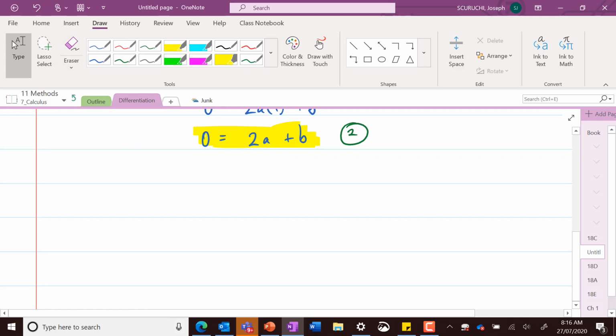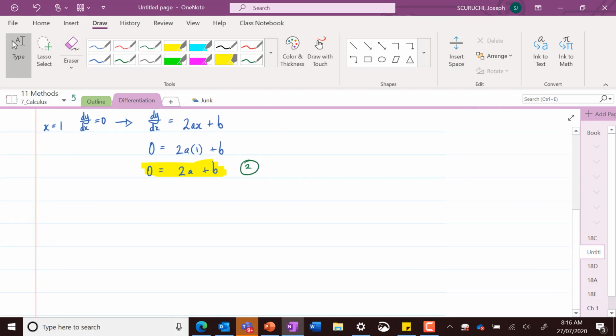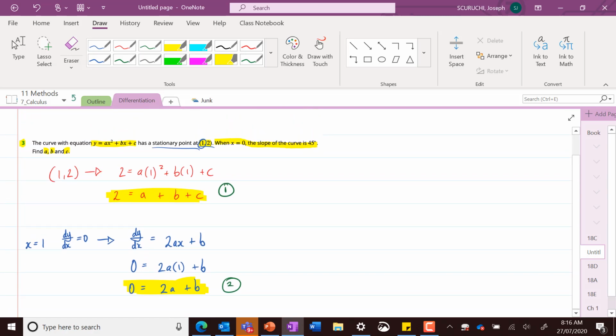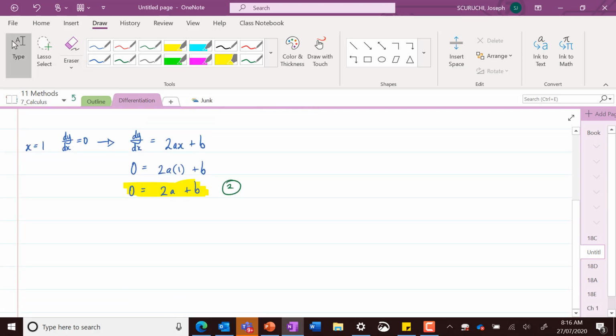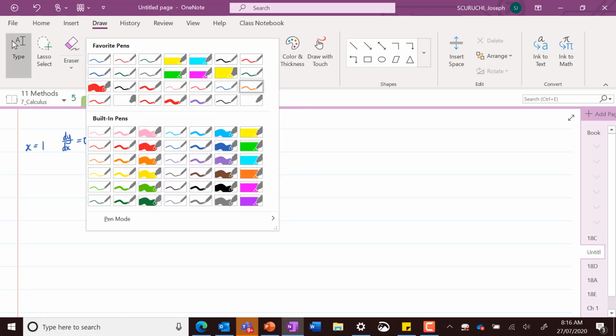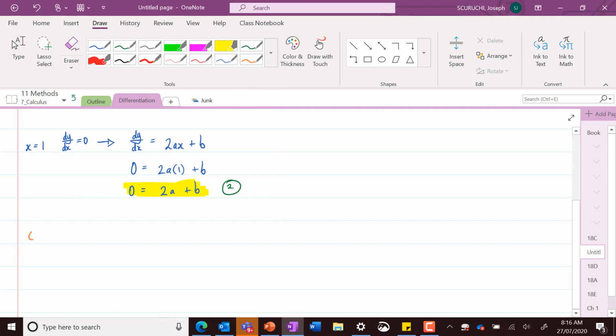So I'm going to say, when x is 0, my dy/dx is going to be what? Well, this is where you have to put a little dash here and do some working out.